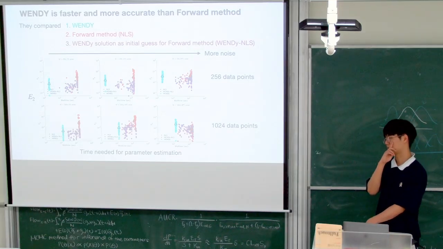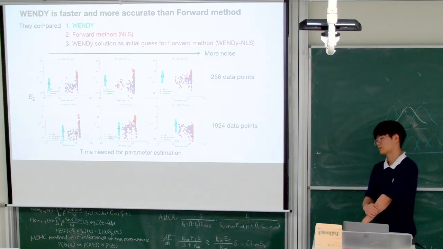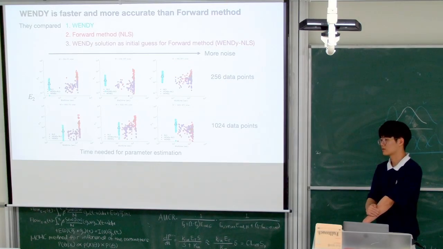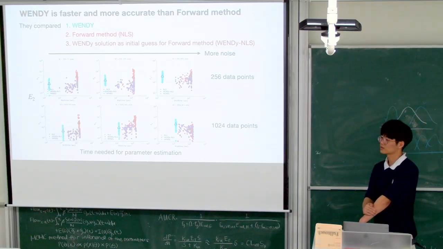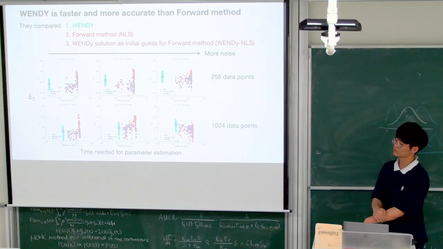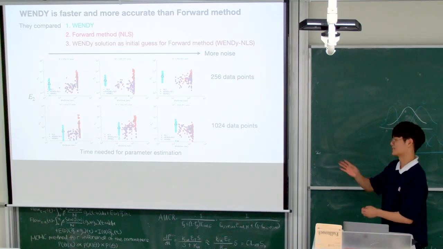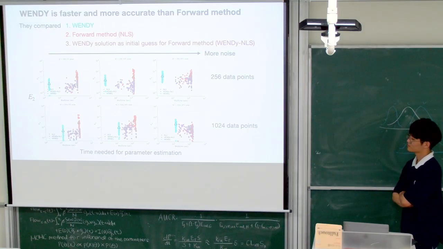So now the noise is dominated by these independent noises, and WENDy is still supposed to work better, but the problem is that in the forward method we don't use any weak form. When we perform the forward simulation we have very nice numerical solutions. So as long as the observation noise is completely independent, the forward method is supposed to be better than WENDy. So I think the right column is still a natural result.